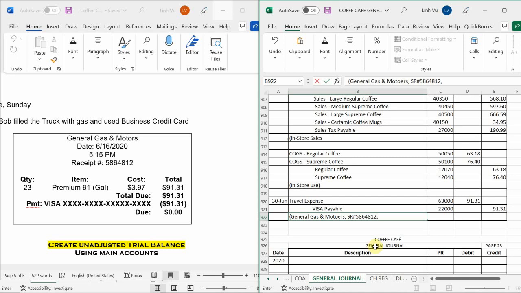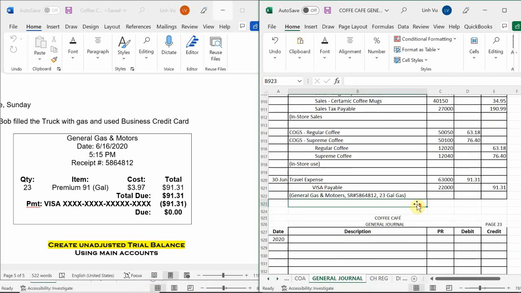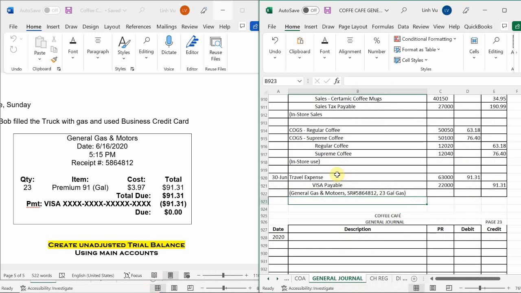And then we bought 23 gallons of gas. Okay. All right. And since we know this is going to be the very last transaction, let's plug all these numbers in first.